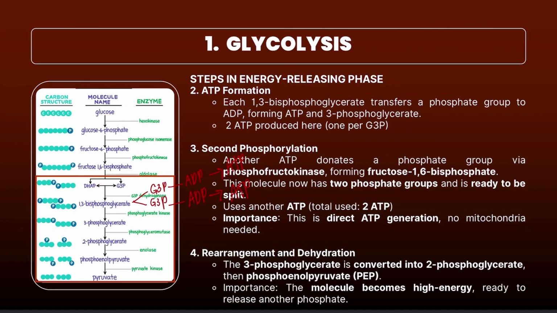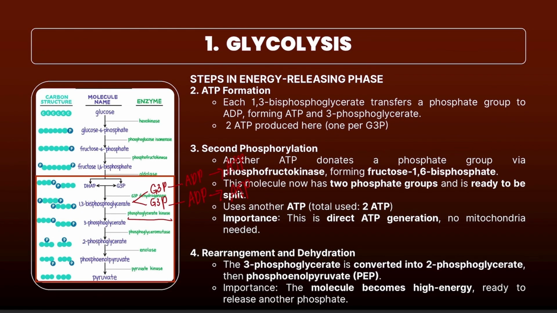In order for this to happen, we use the enzyme called phosphoglycerate kinase. Okay? So in this process, it is the first time that ATP is actually made during glycolysis.